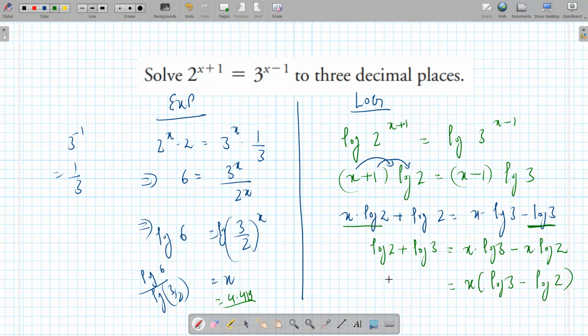And then you divide both sides by that bracket and you'll have the answer. So that means the final answer of x is log 2 plus log 3 divided by log 3 minus log 2. So let me plug that in. Log 2 plus log 3 divided by log 3 minus log 2. That gives me the exact same answer of 4.419.